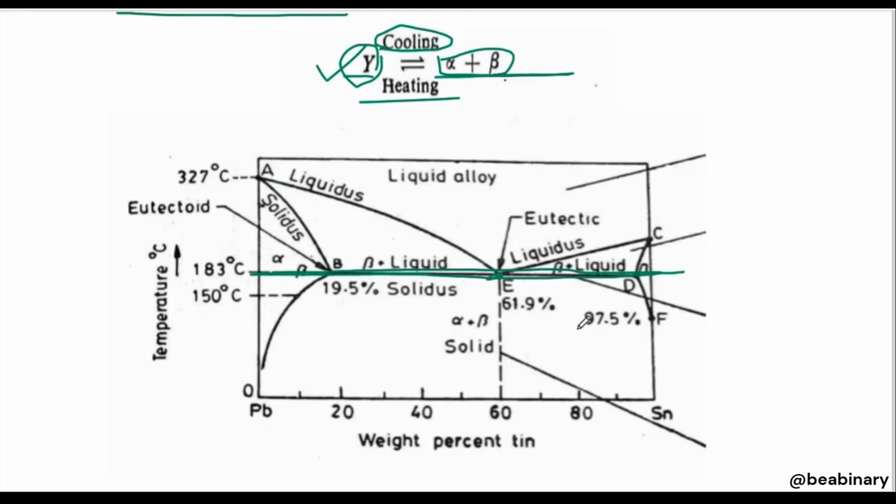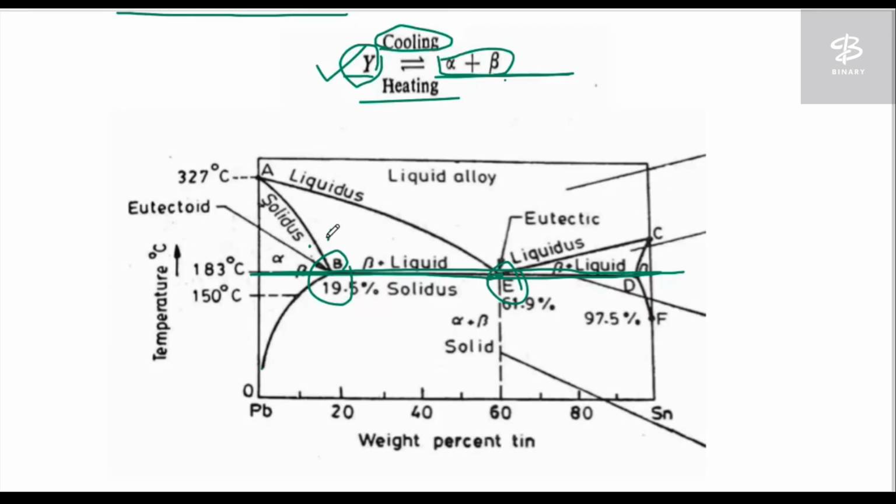The point where the liquid converts directly into solid is known as your eutectic point. This is your eutectic point, and point B is your eutectoid point. How? This is solid.